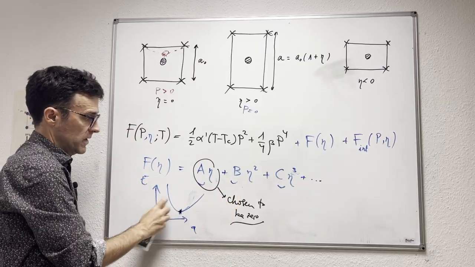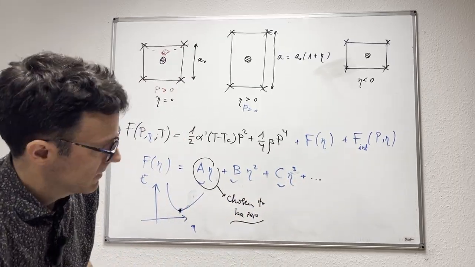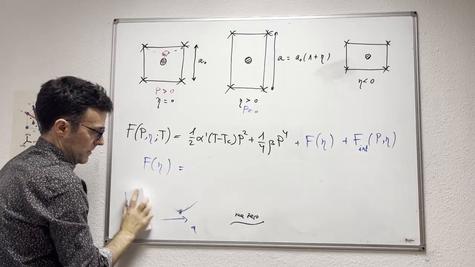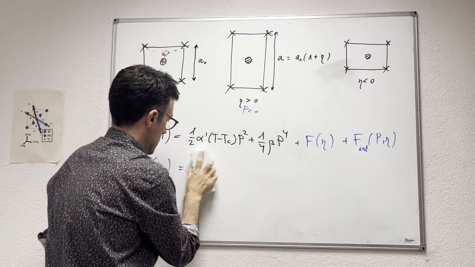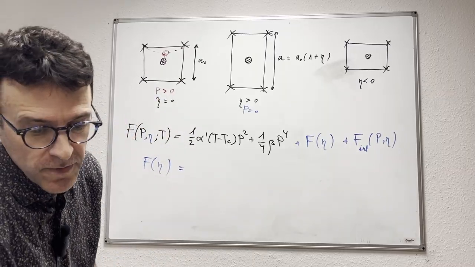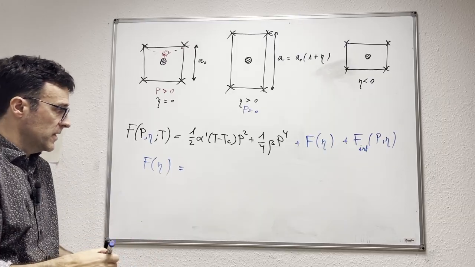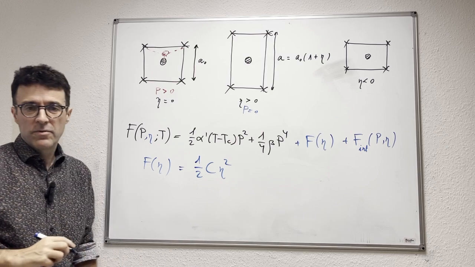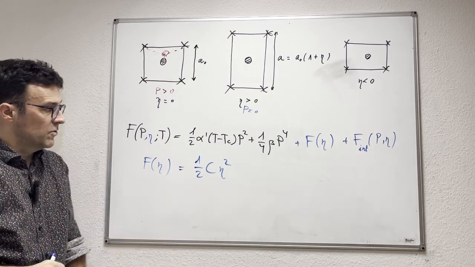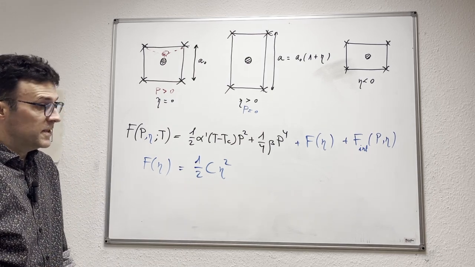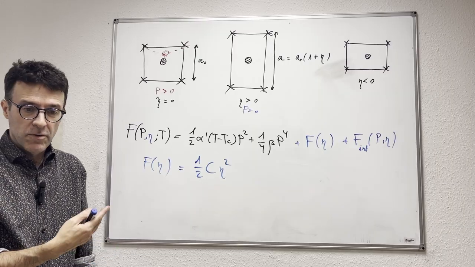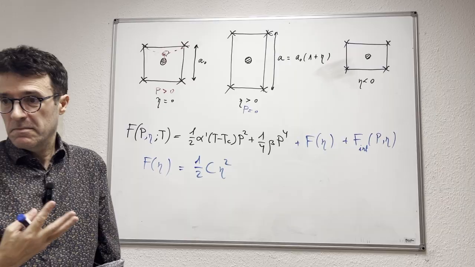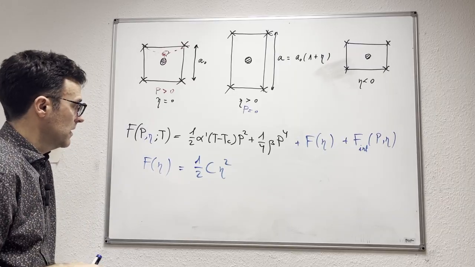And in fact, now let me change a little bit the notation, because we are going to give our free energy as a function of strain that form. We are going to call our quadratic term C, which is the way that you usually find the elastic constant in your system.